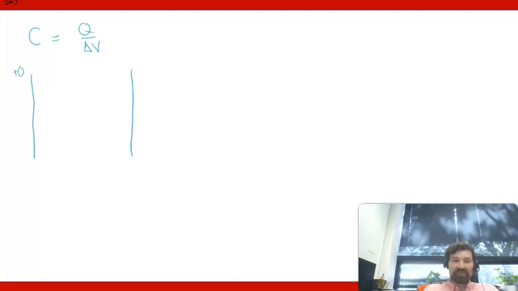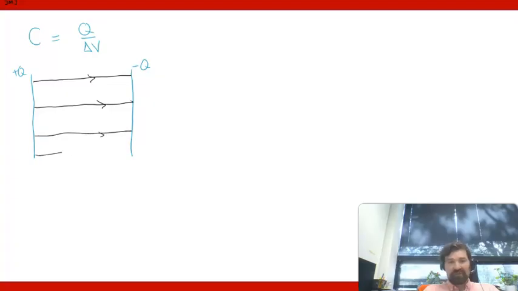If I have plus Q here and minus Q here, then I'm going to have some electric field between the two plates. And of course this is shown in that simulation, that it points from the plus to the minus, which is what we would expect from our basic understanding of what an electric field is and does.